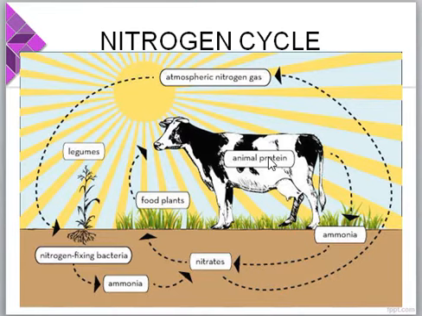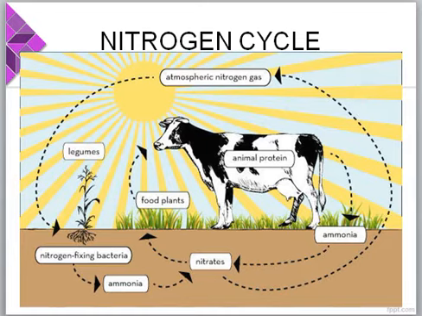To summarize the stages of the nitrogen cycle, again, first step is the nitrogen fixation, wherein the nitrogen fixing bacteria are the ones that convert the nitrogen gas to form ammonia. Second step is the nitrification, wherein it converts ammonia or ammonium to nitrate.